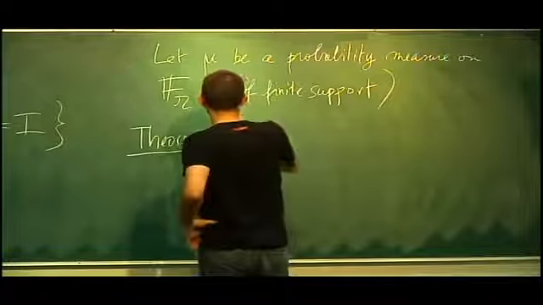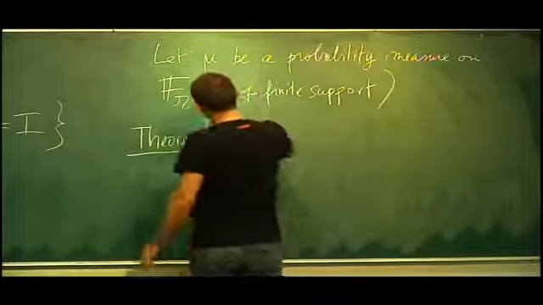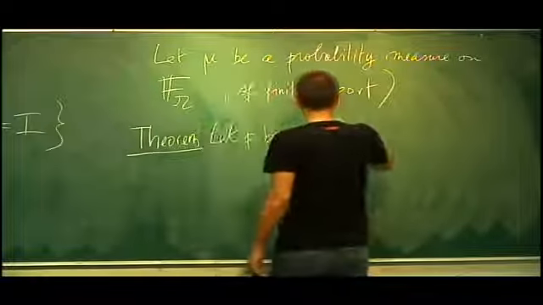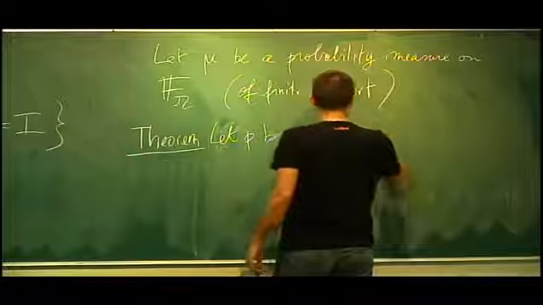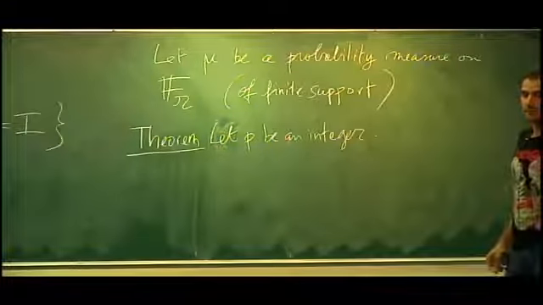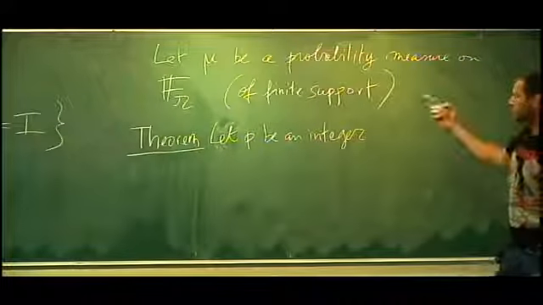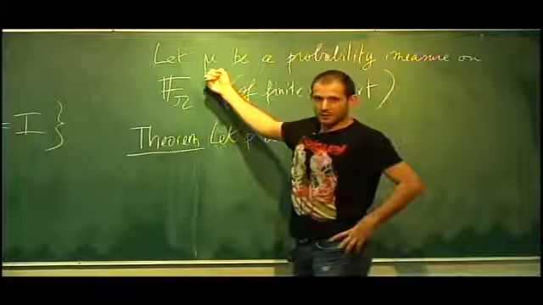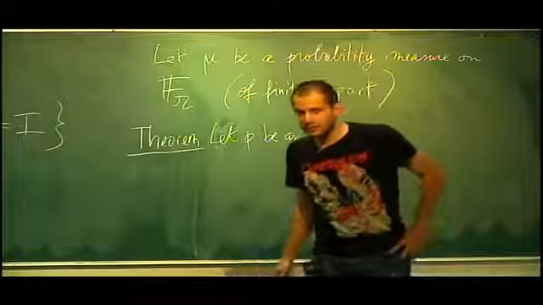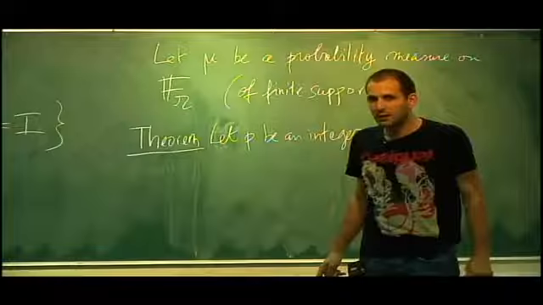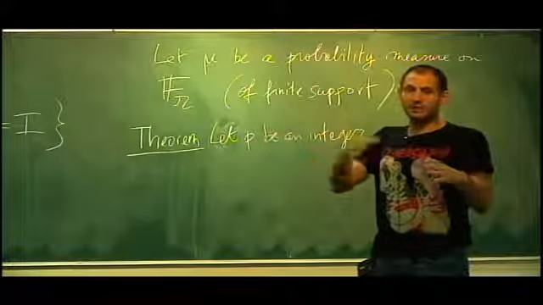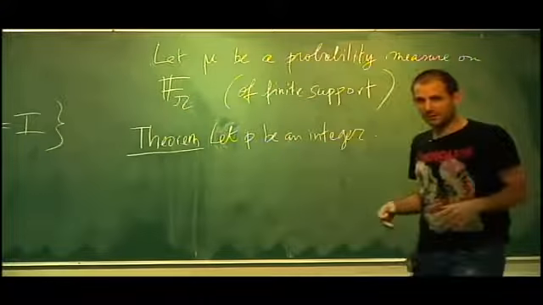Let p be an integer. I mean that the measure, this is a measure on the free group. The measure you just described has totals. Repeat again? What do you mean by that? I mean that the measure of an element is 0 apart from a finite set of elements.